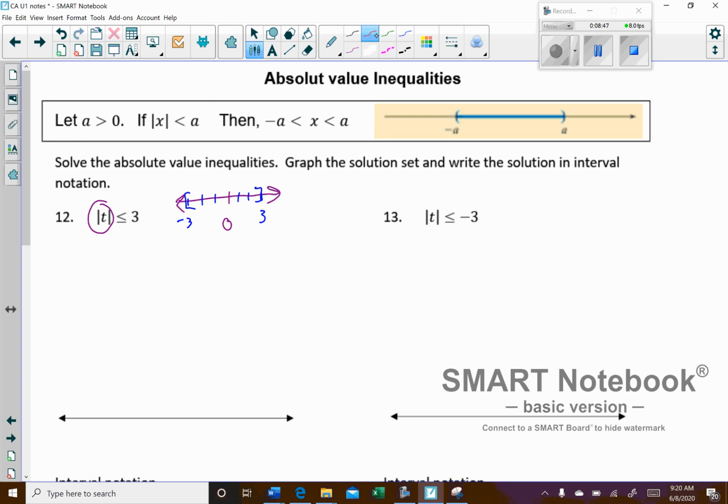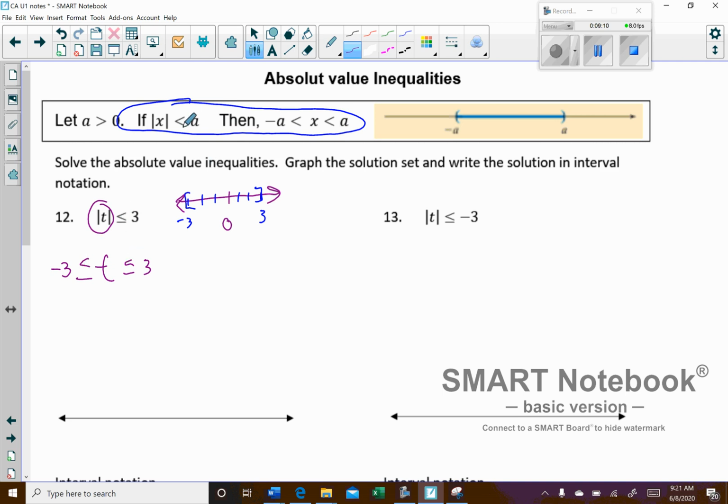But you're going to want to follow this definition up here, because they're not always going to be as clear as this first one, number 12. The definition says to take the value inside the absolute value and squeeze it between 3 and the opposite, negative 3. And whatever inequality symbol you have here, you just pop it on the other side.